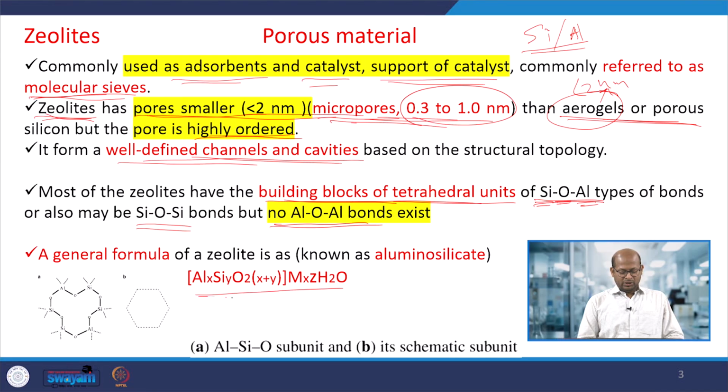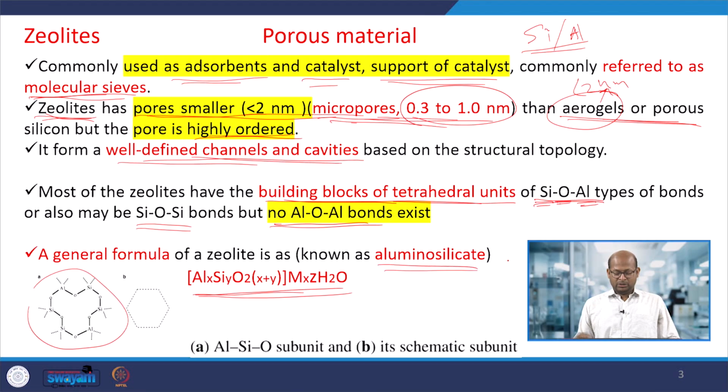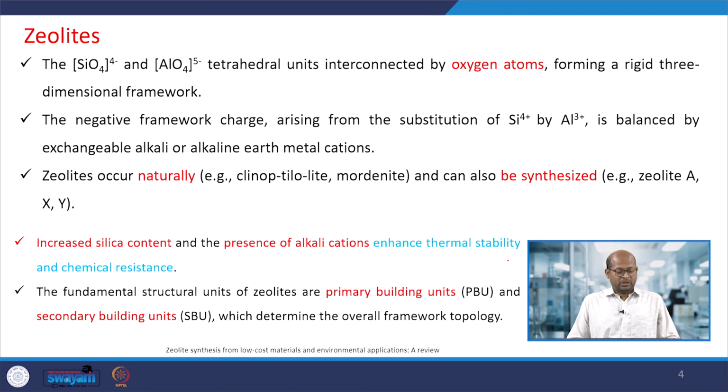The general formula involves alumina and silica, as I said, and the framework subunits are like this. These are also called aluminosilicates. Here you see tetrahedral silica and tetrahedral alumina, so two units are present.